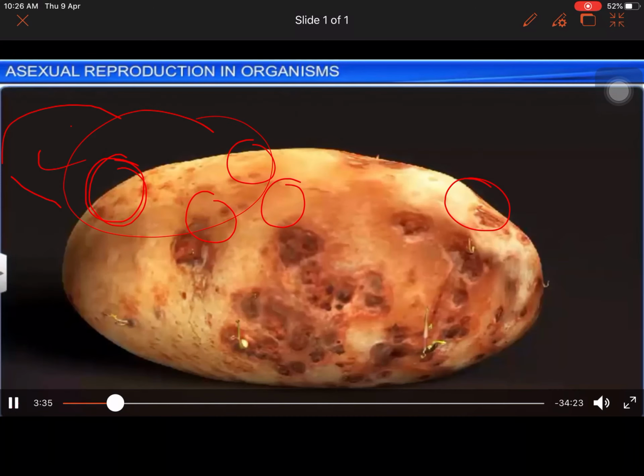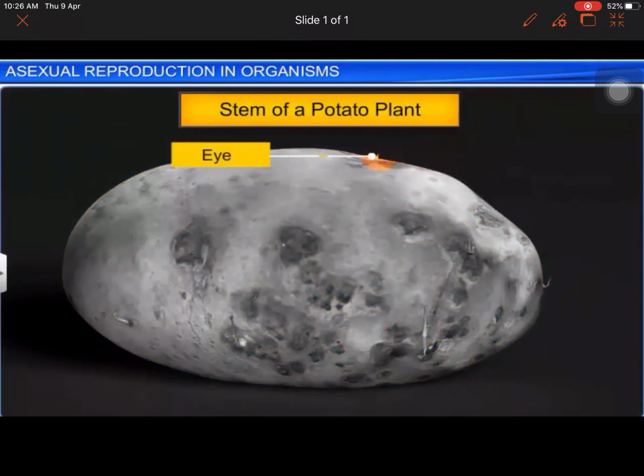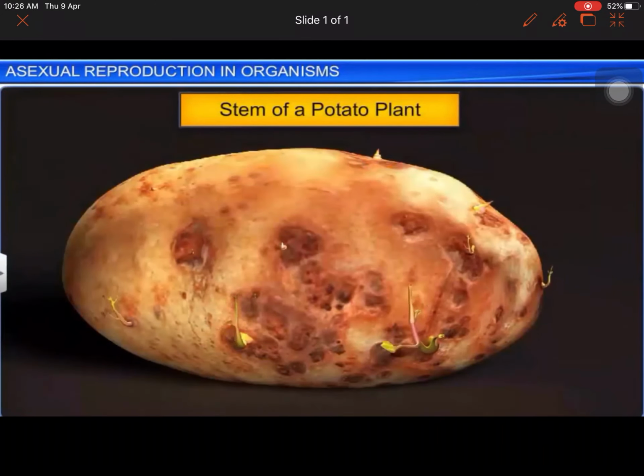For instance, the stem of a potato plant is dotted with buds known as eyes, which later germinate into new plants.